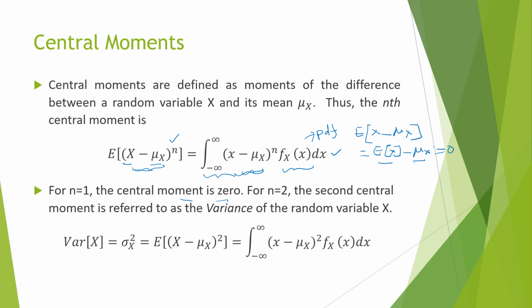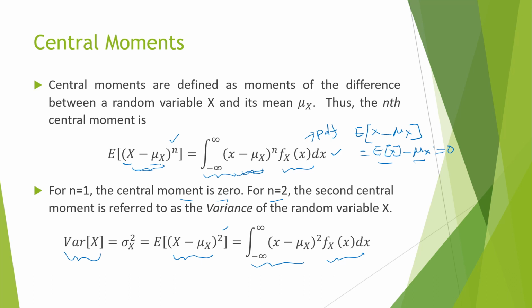Now if n is equal to 2, then this equation reduces to (x − μX)^2. The integral is written like this: (x − μX)^2 into its PDF. This is known as the second central moment, or it is also given a particular name, variance.